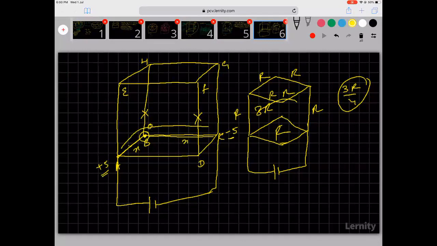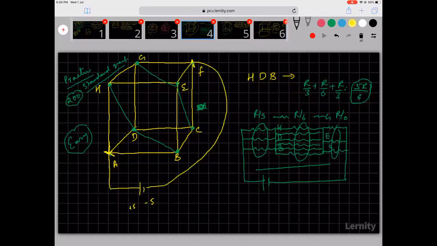So this has to be 0. But in the previous case, it was not like that. Suppose this is +5 and this one is -5, then why should this be 0? Because this is closer to this than this, right? So this won't be 0. You have to understand that.